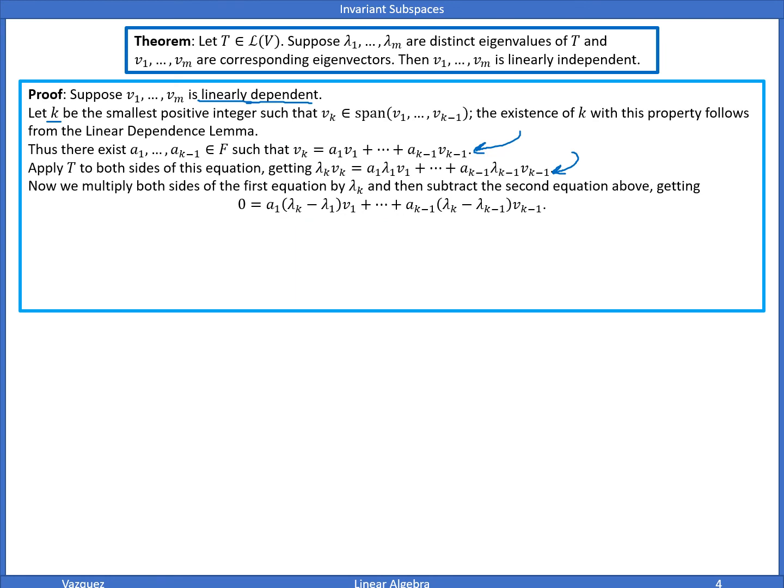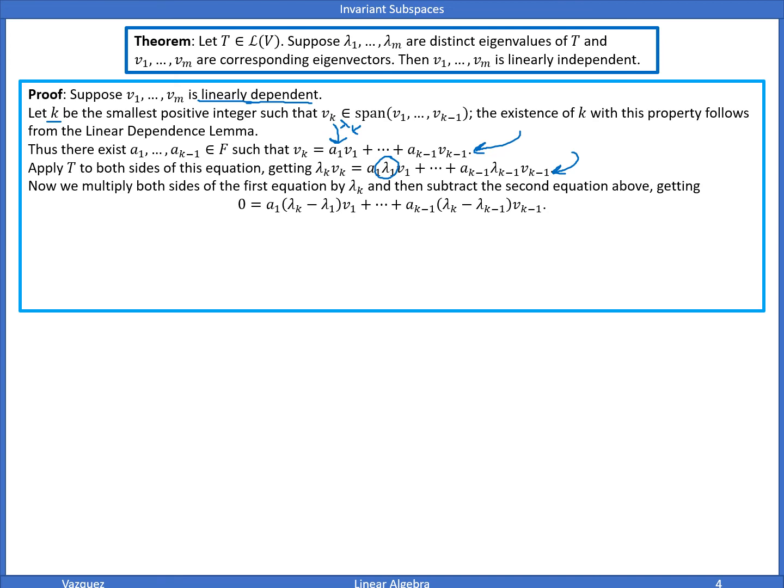And then here we get lambda k minus lambda 1, because here we'd have a lambda k and over here we have lambda 1. Same thing with the other lambdas, all the way to lambda k minus lambda k minus 1.